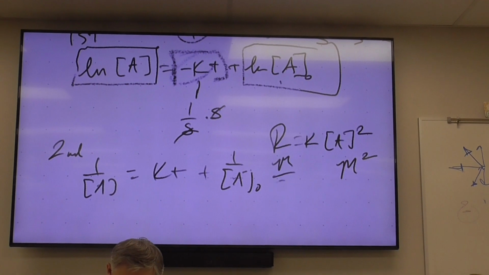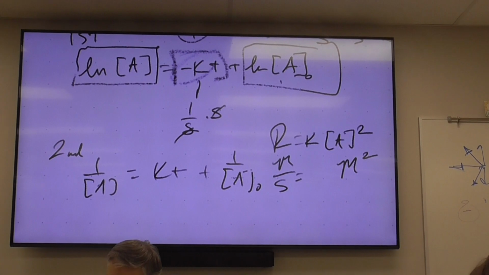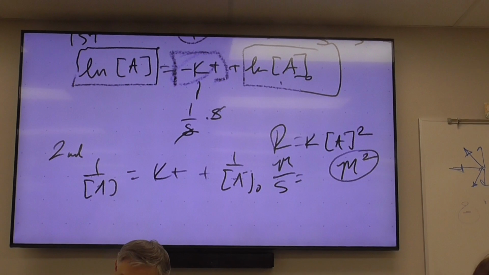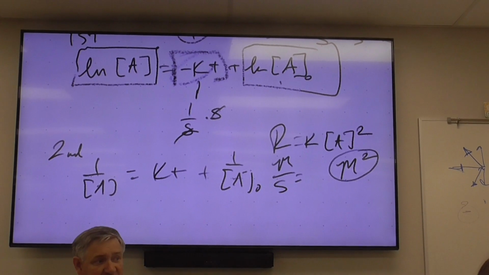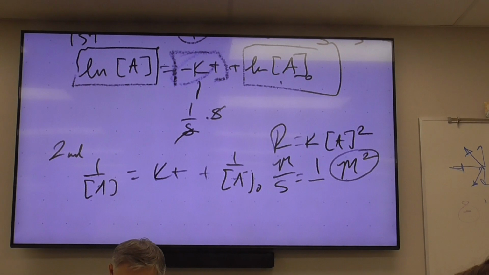Molarity per second has to be your rate. So what has to be the units of K? When I multiply molarity squared to get molarity per second, what has to be the units of K? 1 over molarity seconds? Yeah.